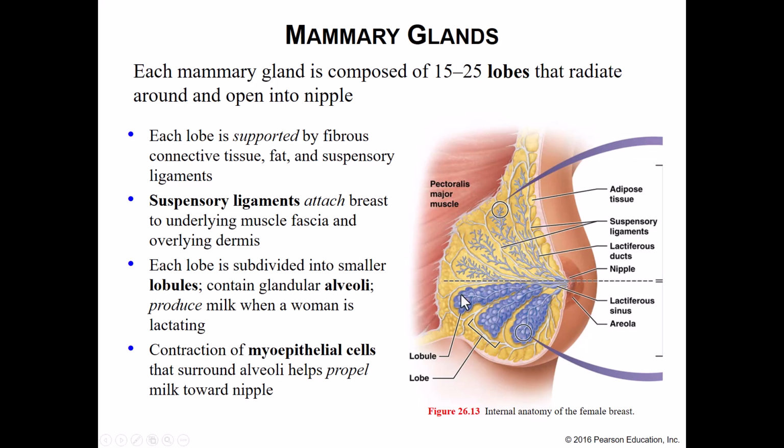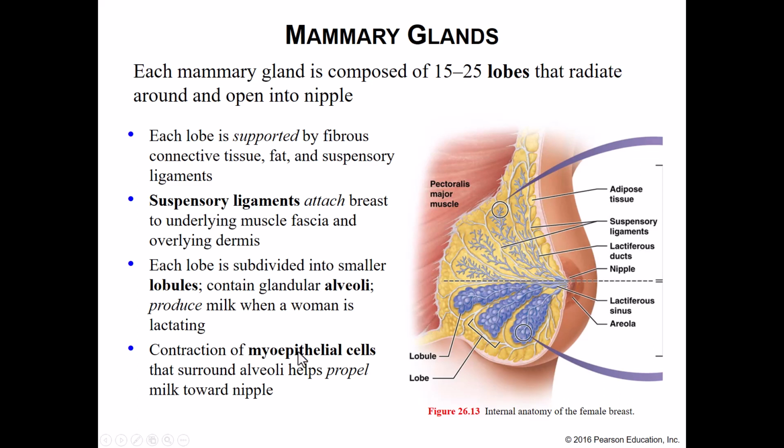You have lobules within the lobes. These are the smaller glandular alveoli within the lobules, which produce the milk during lactation. So this lower half is a lactating breast where the alveoli are swollen and producing milk. This upper area is a non-lactating breast where the alveoli are not producing milk.